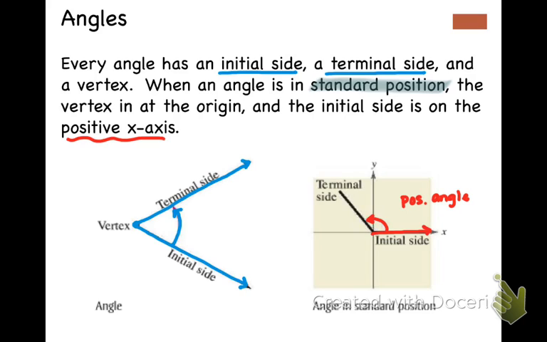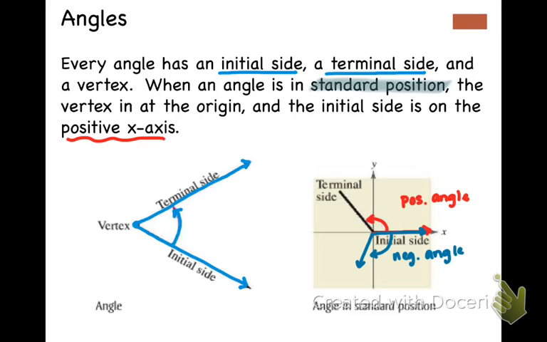If we were to draw in another angle, let's say still in standard position, so I still have that same initial side, but this time I open in the clockwise direction, then that's going to have a negative angle value. So unlike in geometry where all the angles were always positive, here we can have either positive or negative, and it just depends on whether we are opening our angle in the counterclockwise direction, so a positive angle, or the clockwise direction, so a negative angle.